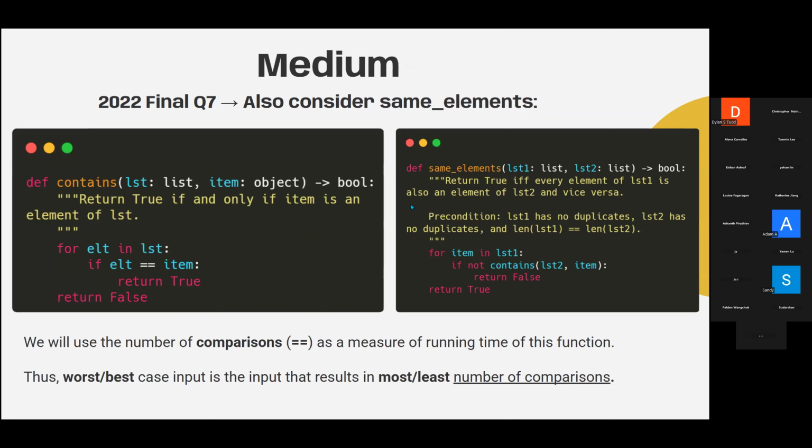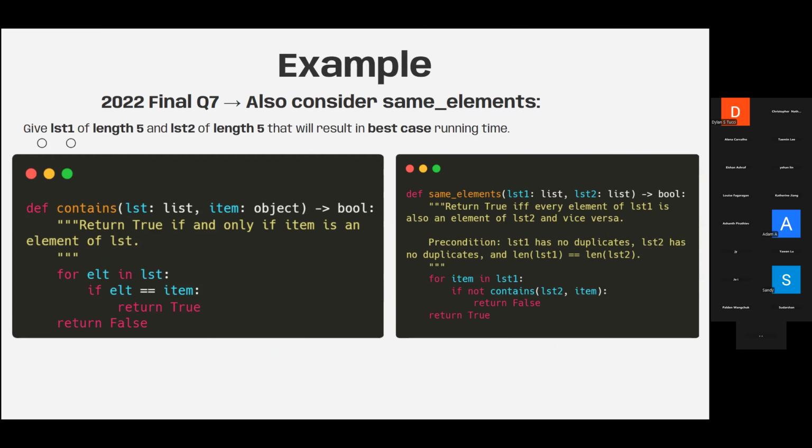Okay. So this time we're taking into consideration the number of comparisons. For the worst or best case, it's going to depend on the most or least number of comparisons. So this time, same thing.